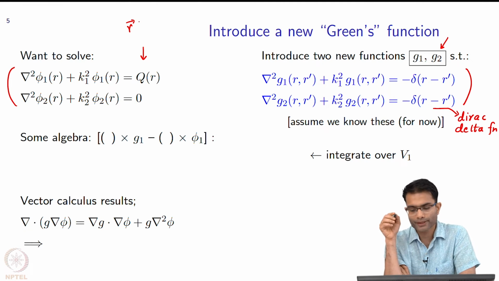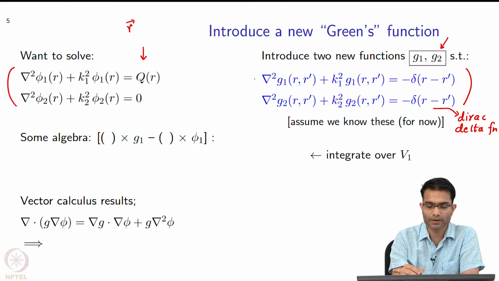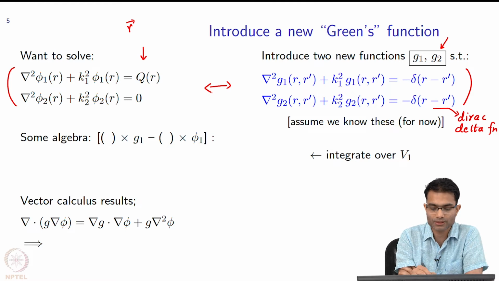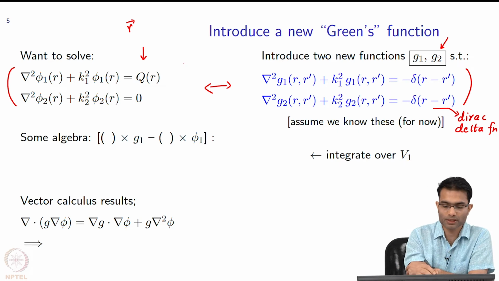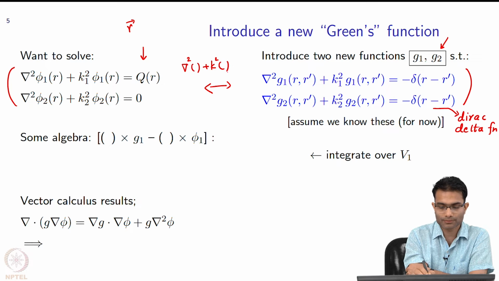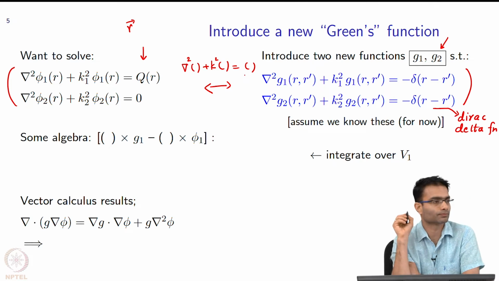Okay. So before we get into anything, what are the similarities between these two equations? Looks the same, right. Both of these equations look like this: del squared something plus k squared something is equal to something.